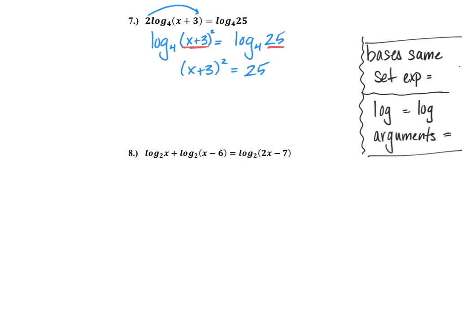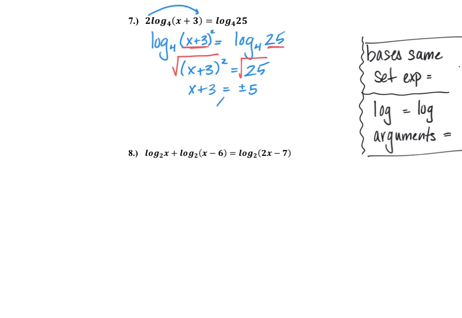Well, there's two different ways you can do it. You can take the x plus 3, write it twice, multiply it out, and bring the 25 over. But I also recognize that if I have a binomial squared, I really can just take the square root of both sides because I'm recognizing that 25 is a perfect square. Now, I know I have to have two solutions, so this is going to be x plus 3 equals both 5 and negative 5, so plus or minus 5.